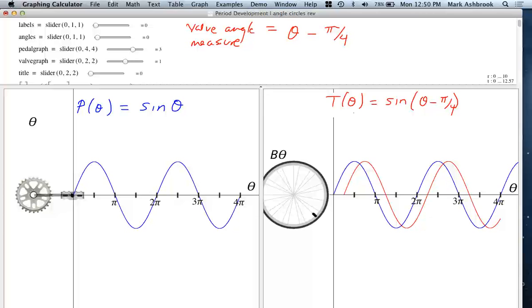Does that make sense? We're trying to motivate why subtracting this right here moves the graph to the right. Because the tire valve starts its cycle later, and later on the theta axis means to the right.